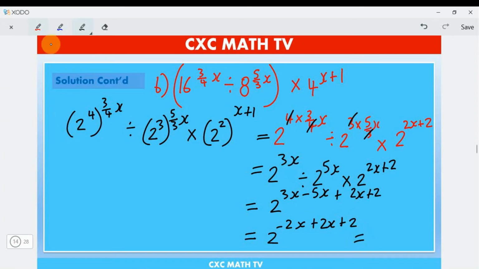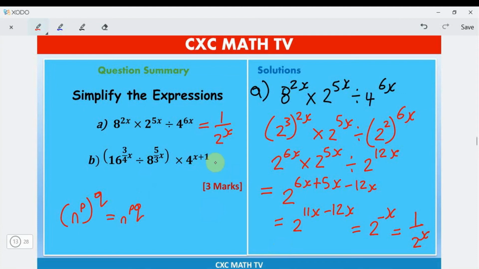All I did was work out this part here first to get the minus 2x. And then when I add the 2x plus 2, that will become 2 raised to the 2, and 2 to the 2 is 4. So this expression right here simplifies just to be 4. That's the beauty of law of indices.